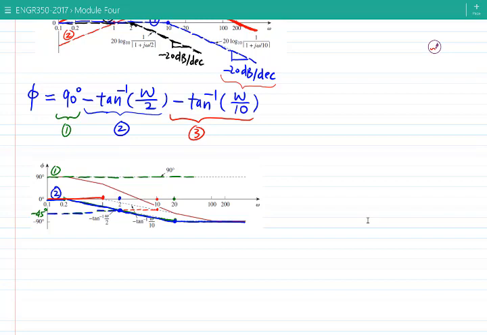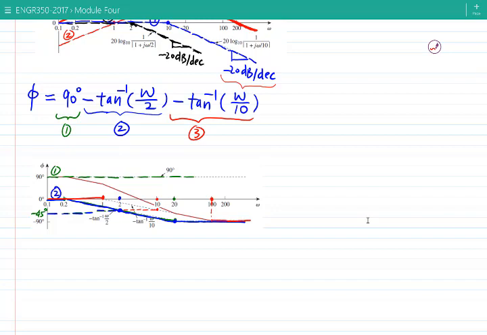When the frequency omega is larger than 10 times the corner frequency, or larger than 100, the inverse tangent function will be 90 degrees, and with the minus sign, we have minus 90 degrees.